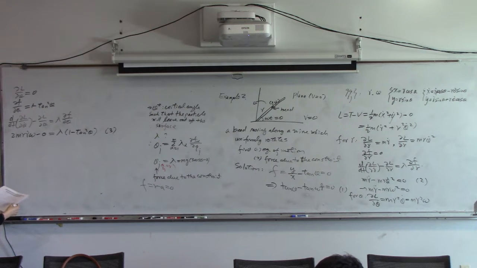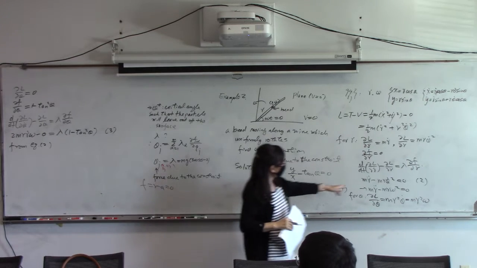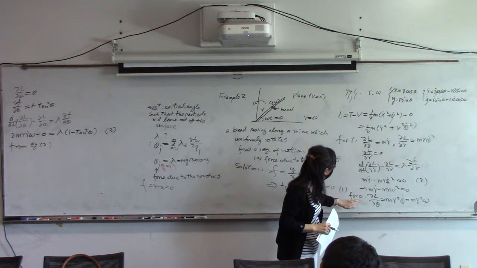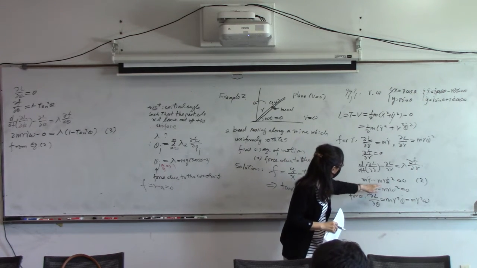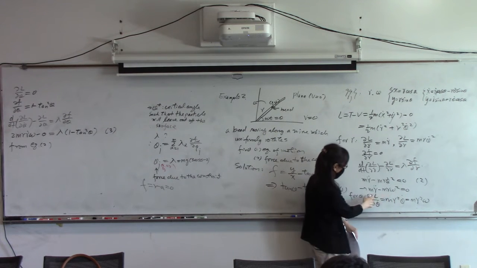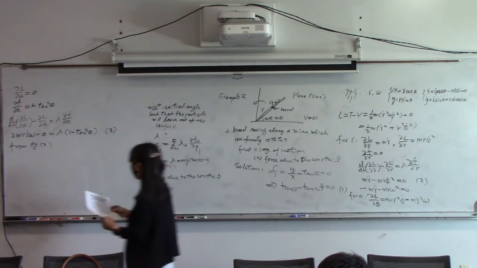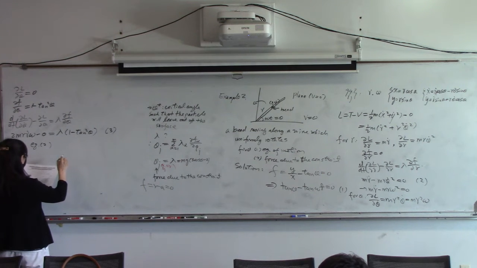Okay, so now from equation 2, I just replace theta dot square by omega square, so this one is only a function of r. We already obtained this in chapter 1, which we already discussed.